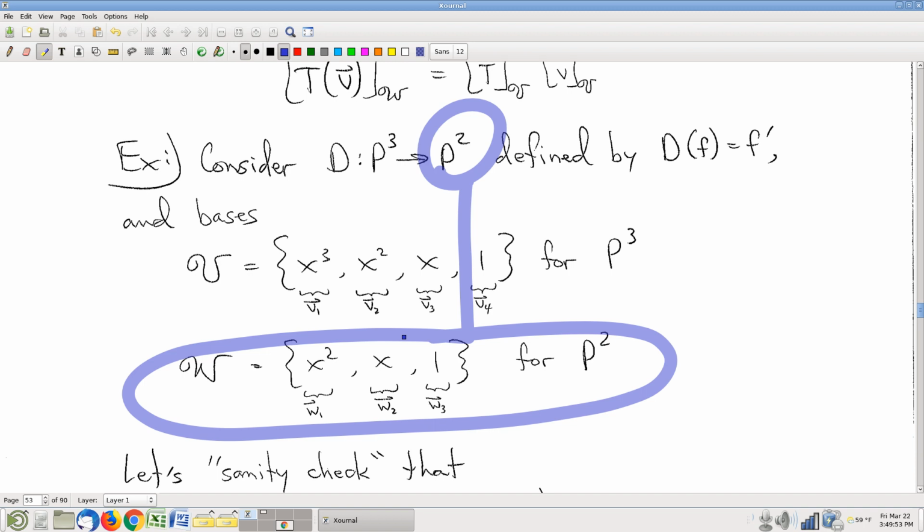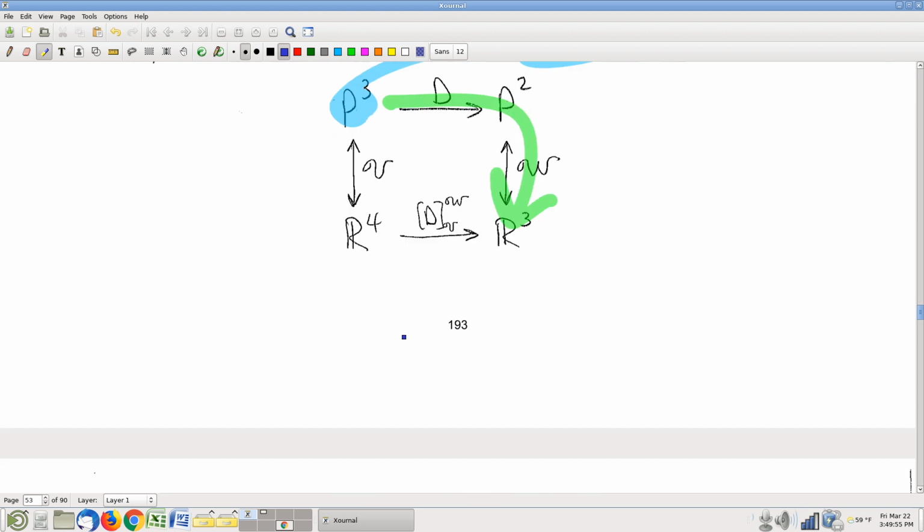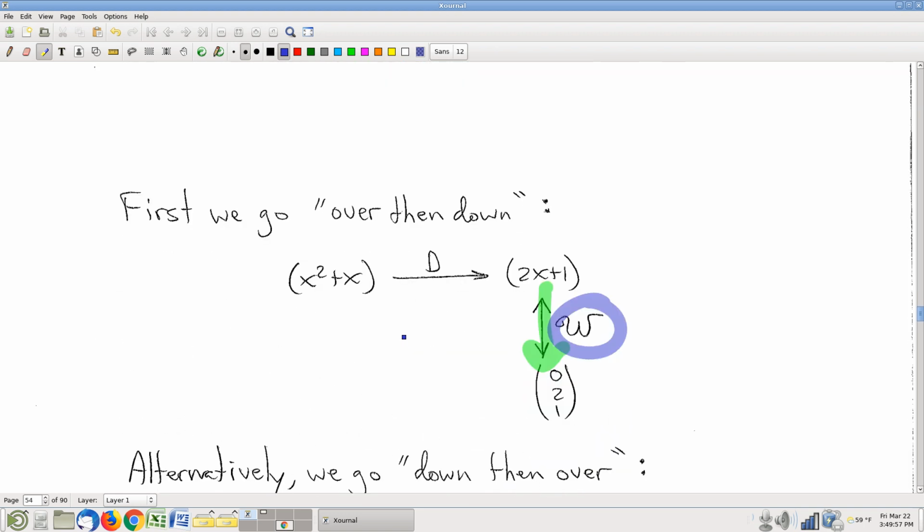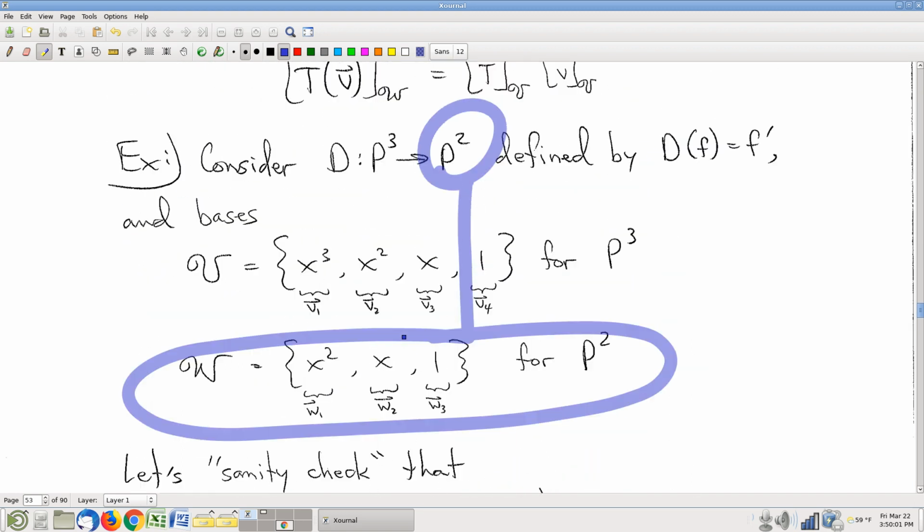So looking back at 2x plus 1, how do I write it as a linear combination of these three vectors? If you wanted to brute force it, you could write it down, multiply it out, and equate the coordinates. But I appeal to your algebraic intuition here. You can just see it coming. There are no x squareds in 2x plus 1.